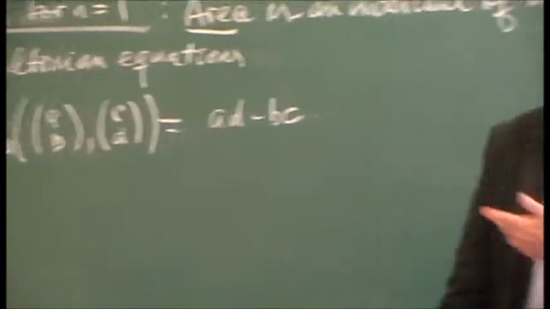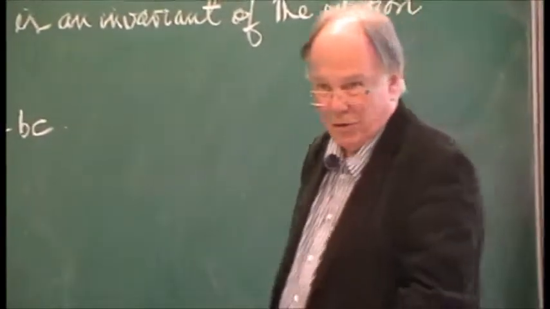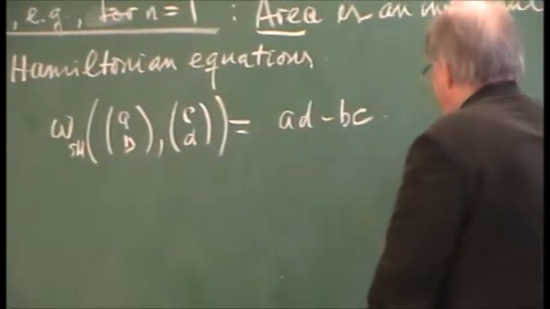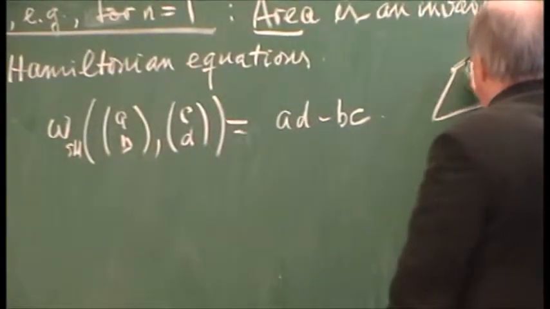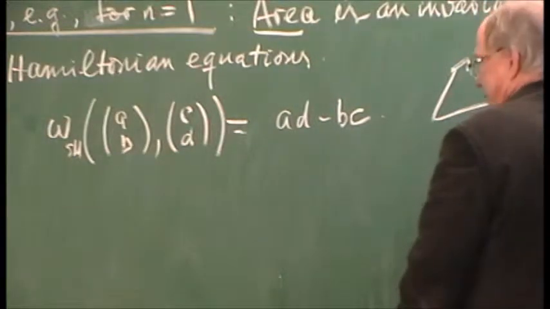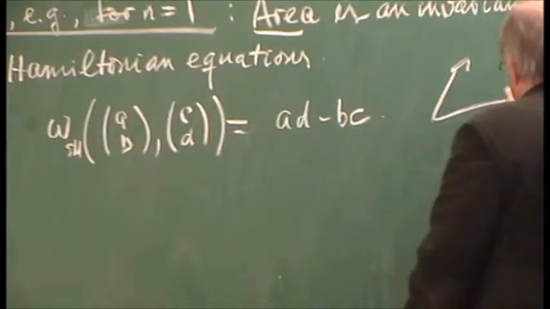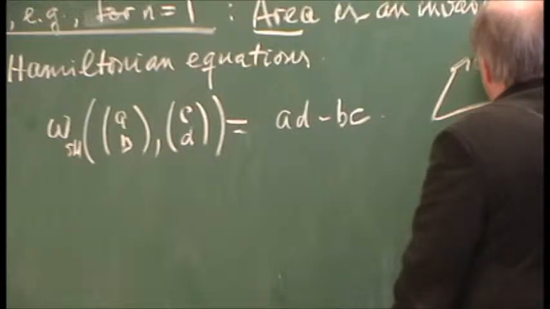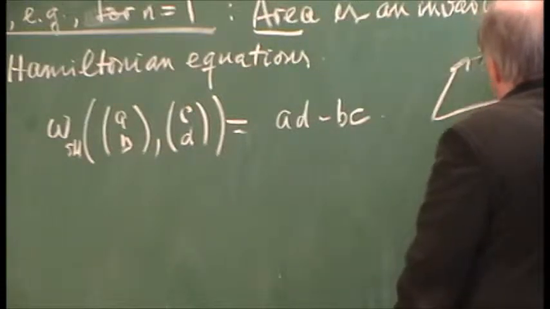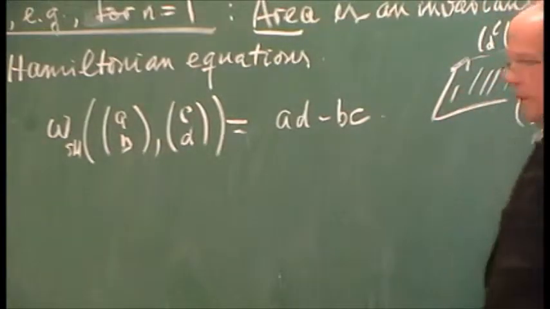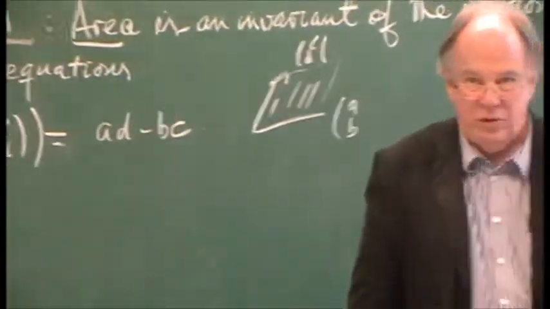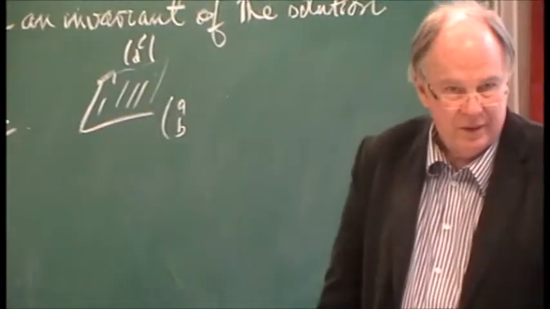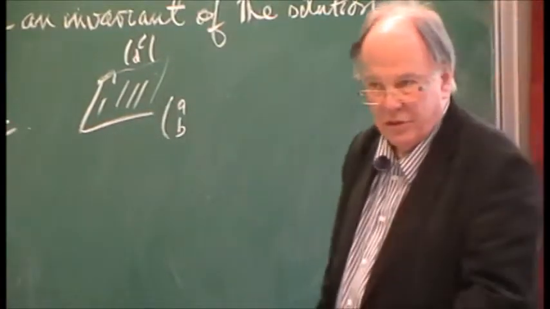I hope you see this is the determinant of the matrix with rows AB and CD. And of course, this is the unit of area of that parallelogram. The area of the parallelogram is that determinant.